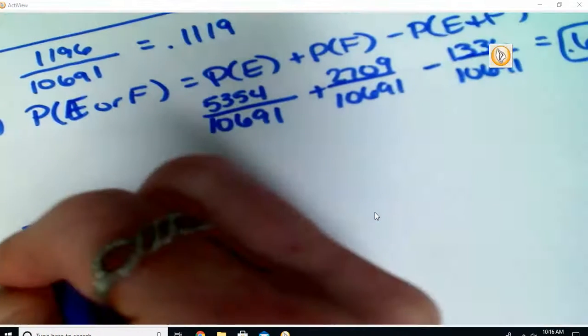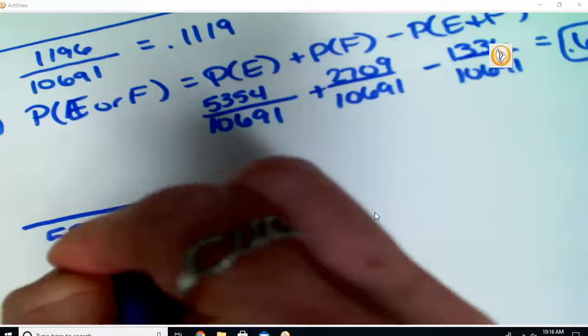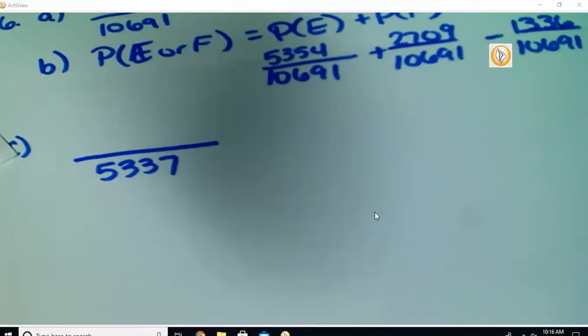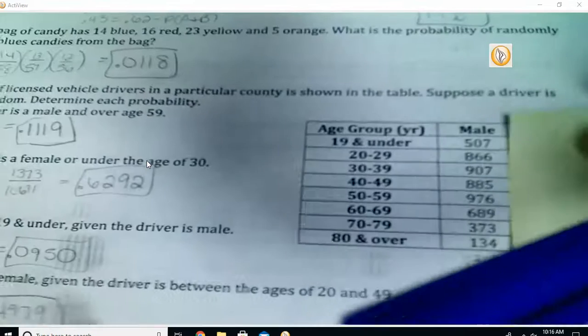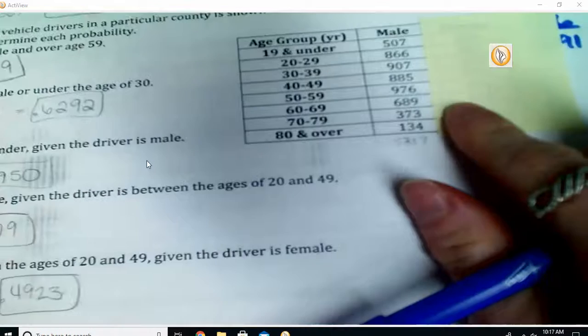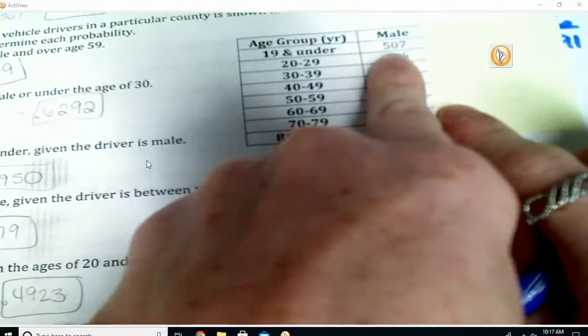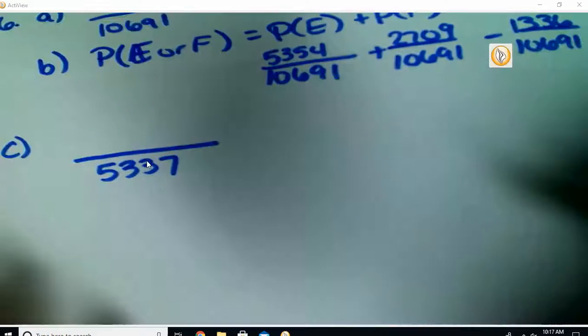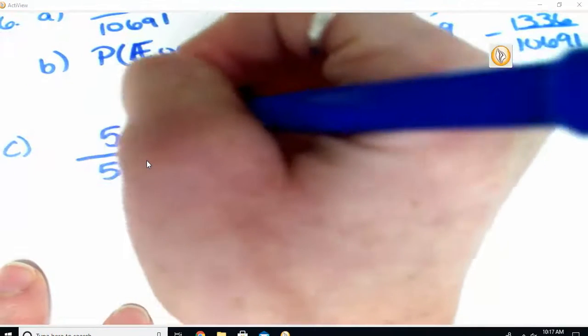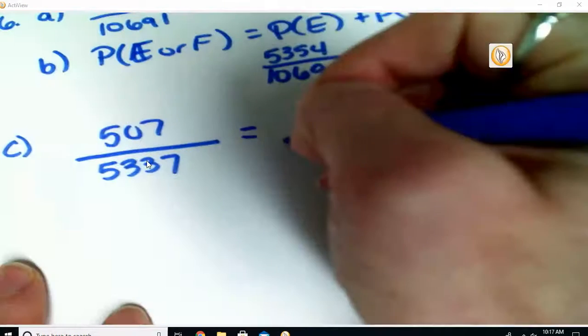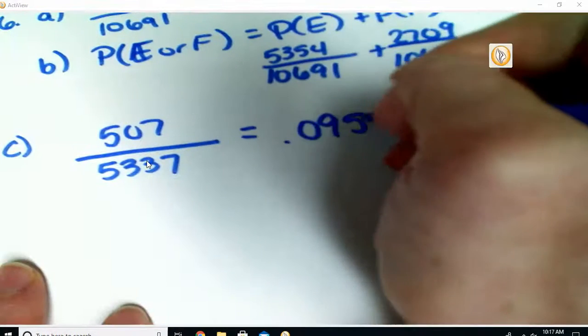So all of my males, it's 5,337. Now, that is the only thing I'm looking at on my table. From those, I need 19 and under. So that would be 507. Divide those and you get 0.0950.